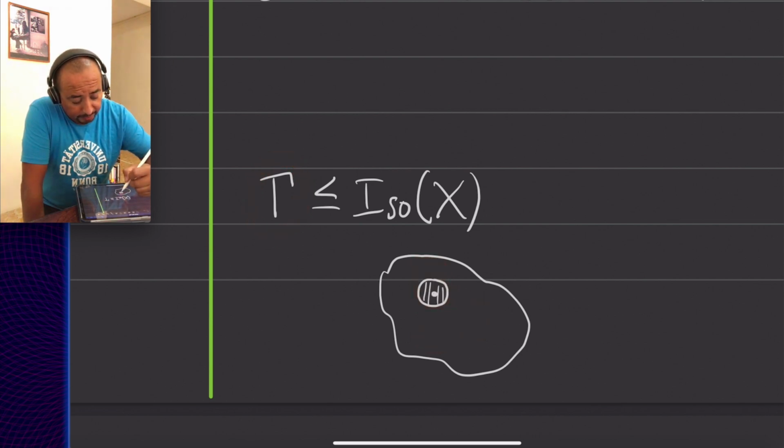So except for the identity, all the other elements of gamma, when I take the image of my disk under that element, give something completely disjoint, kind of very far away, from the disk I'm saying exists.